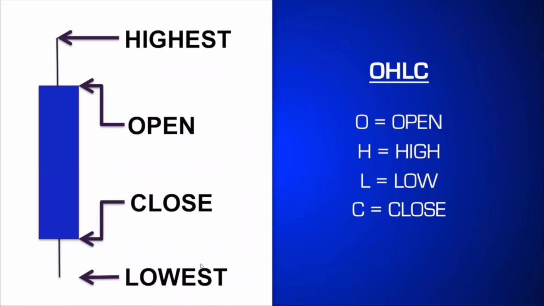So I mentioned an OHLC chart, okay? What that actually stands for is open, high, low, close. So if you look over at this picture, you have the top of the wick, the very tippy top where you see the arrows pointing to highest. That means that this was the highest that this candle has reached.